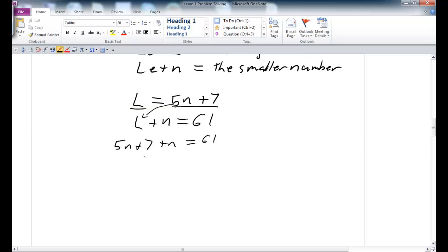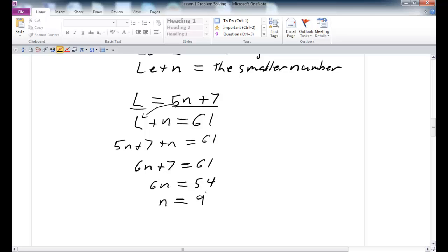You can see I would get 6n plus 7 equals 61. Let's subtract 7 from both sides. 6n equals 54. And then we would divide both sides by 6 to isolate the n. We've got n equals 9.